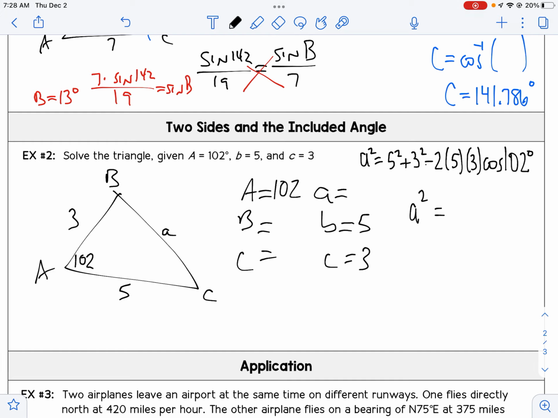And I would take this. That gives me 40.237. And again, I type that entire thing, I calculate it one time. Then I take the square root of that, which is easy, and I get 6.34.